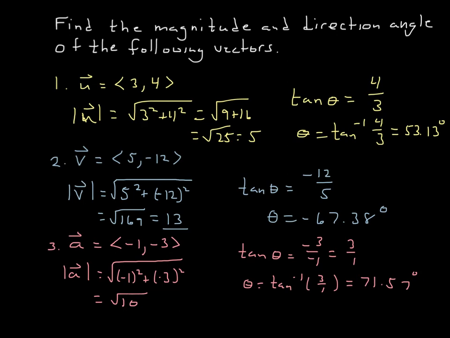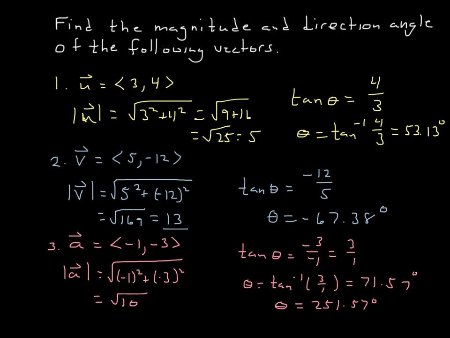And so when I add 180 degrees to 71.57, I get my true direction angle. So in this case, theta is actually equal to 251.57 degrees. That's the direction angle for our vector A, which is the vector negative 1, negative 3.